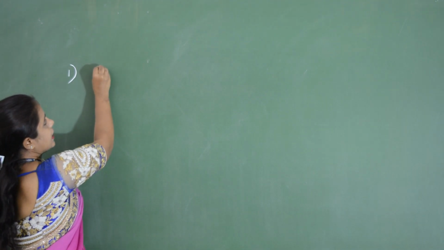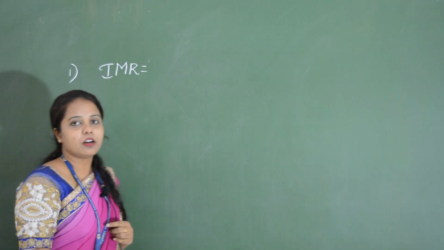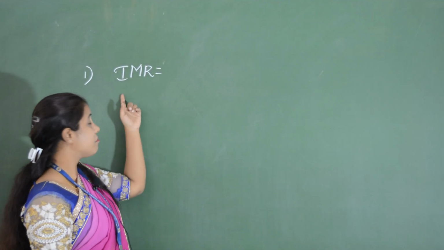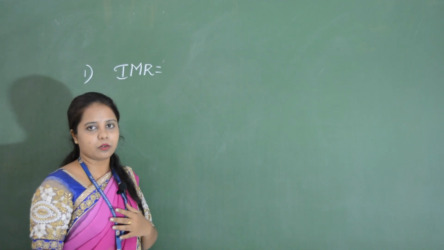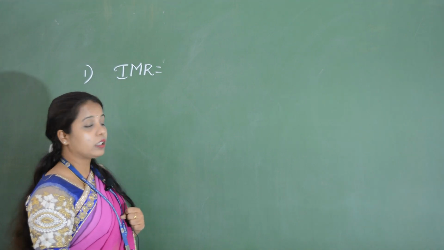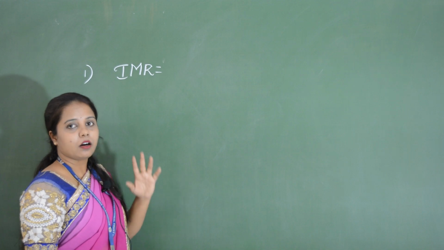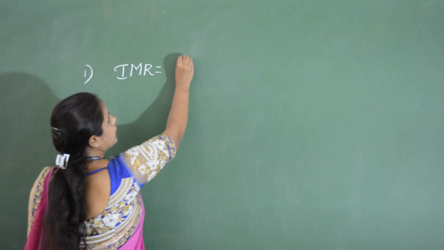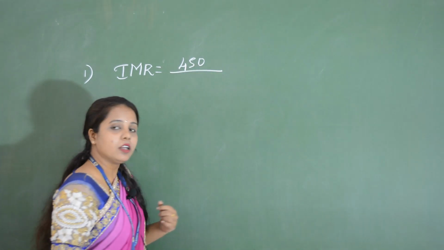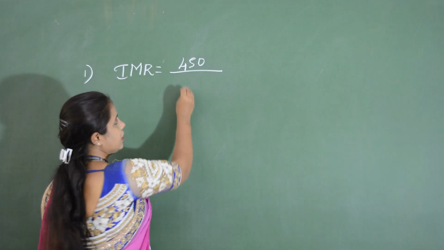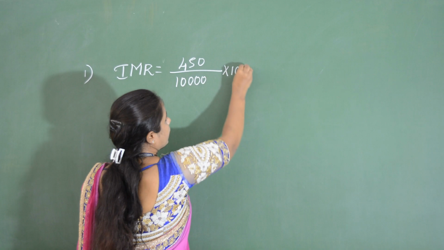First, let us calculate IMR, that is infant mortality rate. In the infant mortality rate, the total live births were 10,000 and the total infant deaths were 450. So the formula is the total number of infant deaths, that is 450, divided by total live births in the same year, which is 10,000 into 1,000.